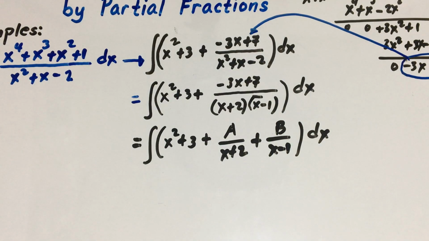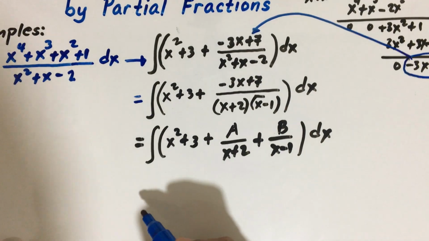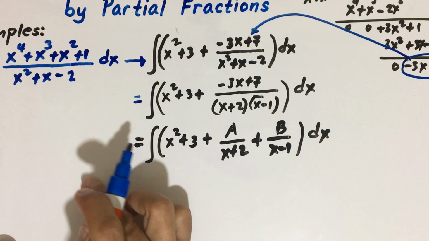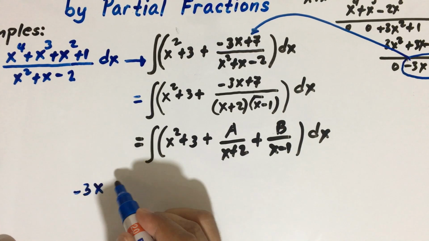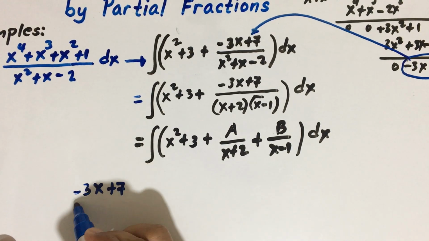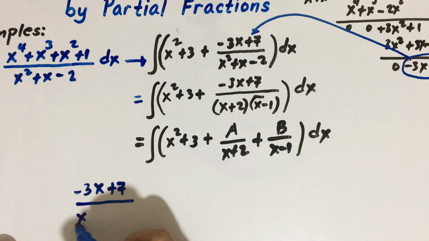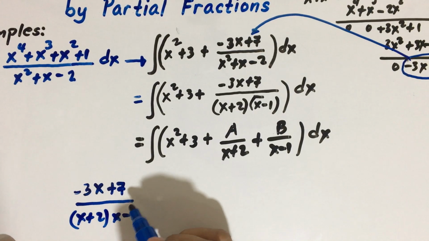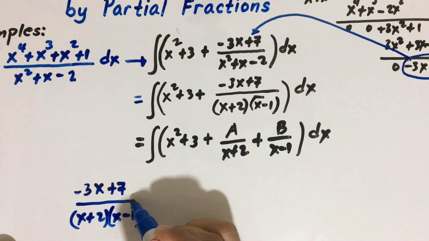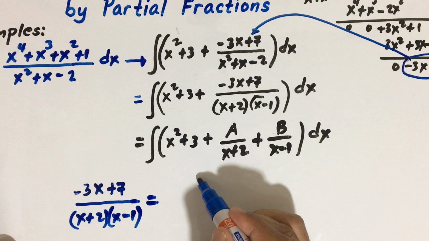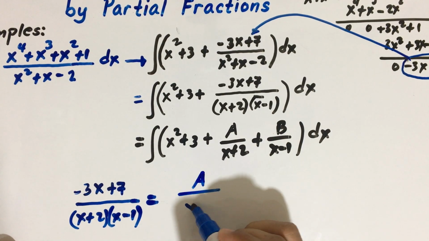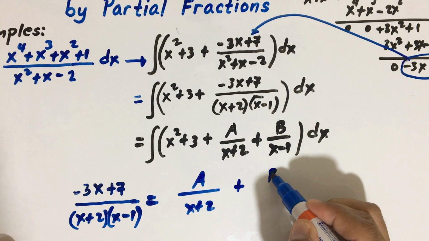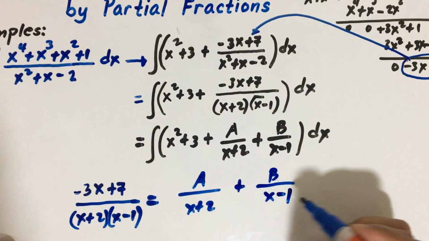So we have minus 3x plus 7 divided by x plus 2 times x minus 1. This is equal to this part here. We have a over x plus 2, then plus b divided by x minus 1.